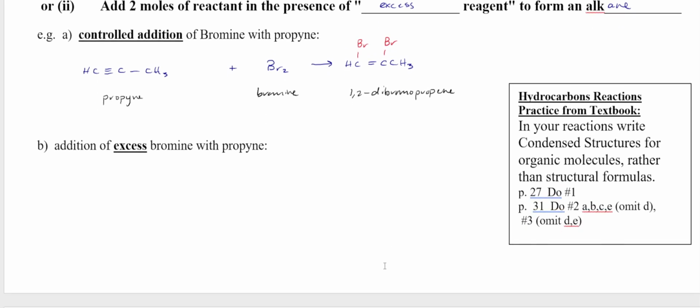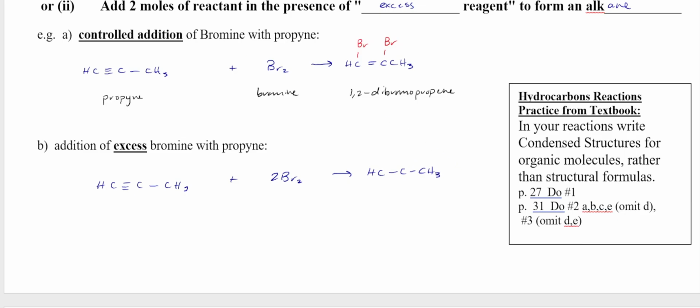Okay, addition of excess bromine with propyne. So I take my propyne again. And if I have excess bromine, then I'll say 2 Br2. And now I'm going to go down to an alkane.